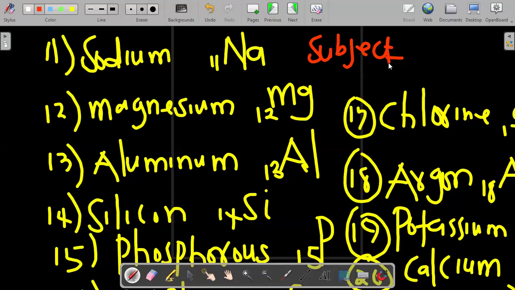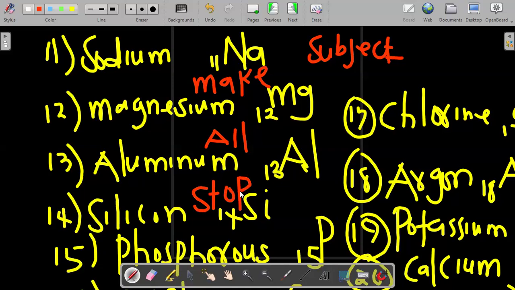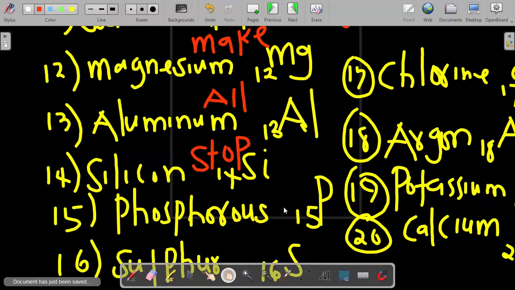Then magnesium, they use "make". Aluminium, they use "all". Make all people. Then for 14, silicon, they use "stop". Make all people stop for silicon.